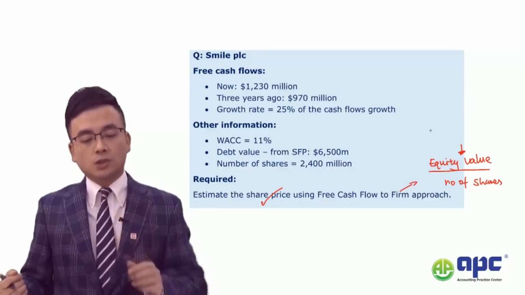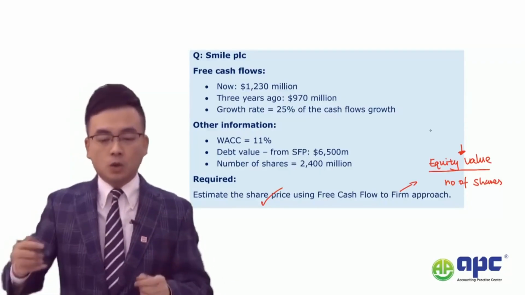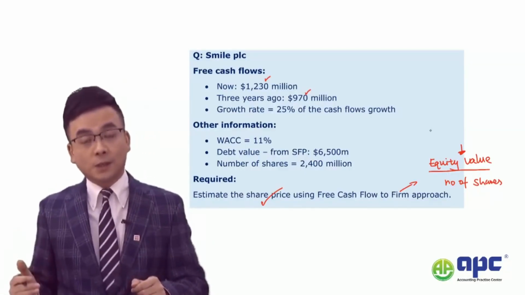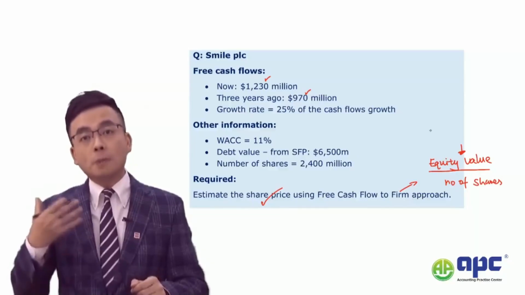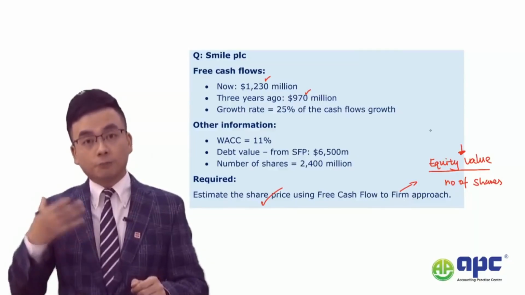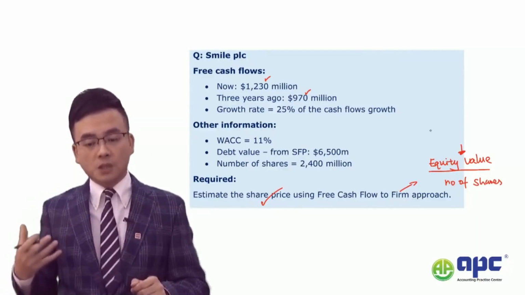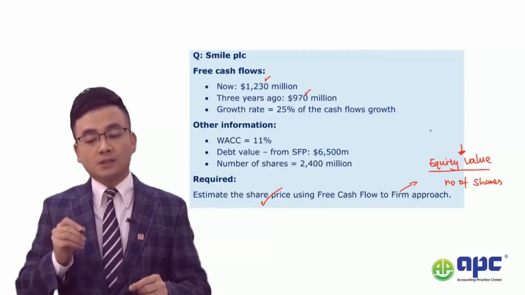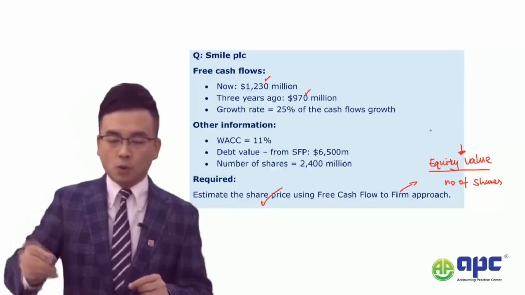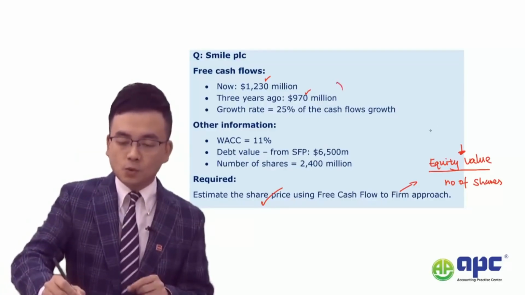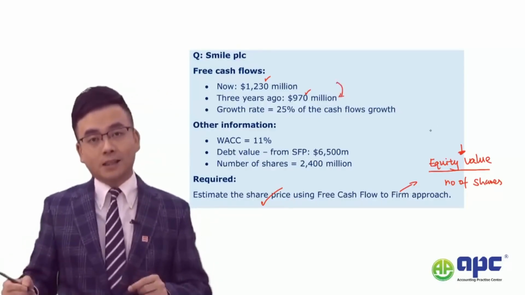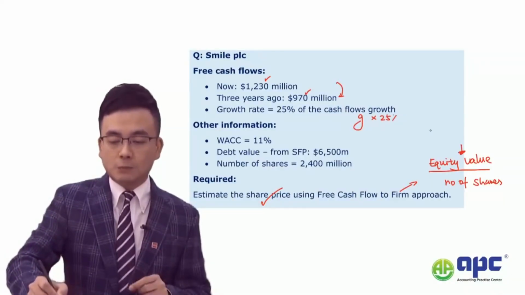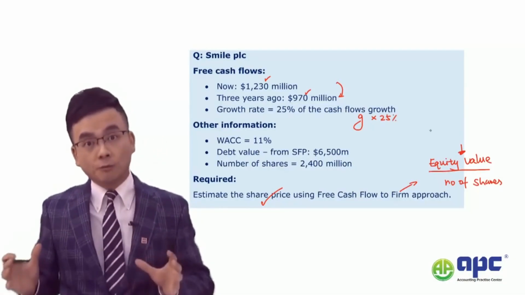We are told that free cash flow is now 1230, but 3 years ago it was 970. We will be expecting the free cash flows to grow in the foreseeable future, and the growth rate will be 25% of the historic growth rate. So we'll need to calculate the compounded growth rate, g, and multiply by 25%, which means 1/4 of that.